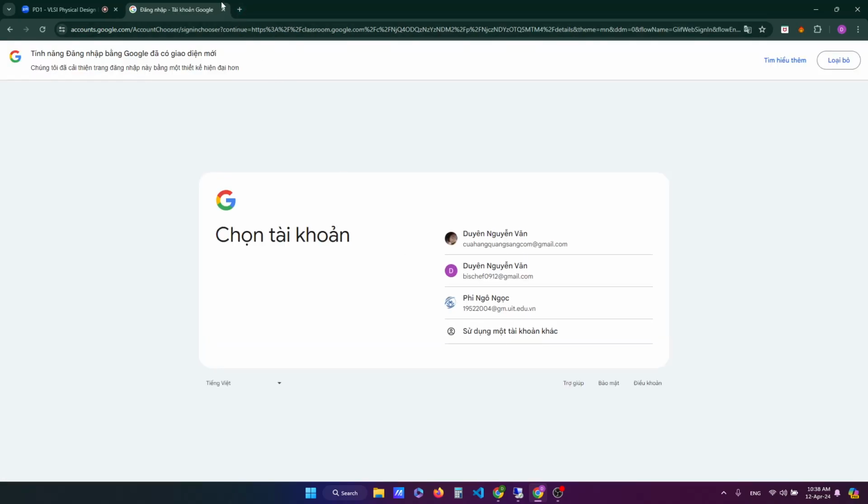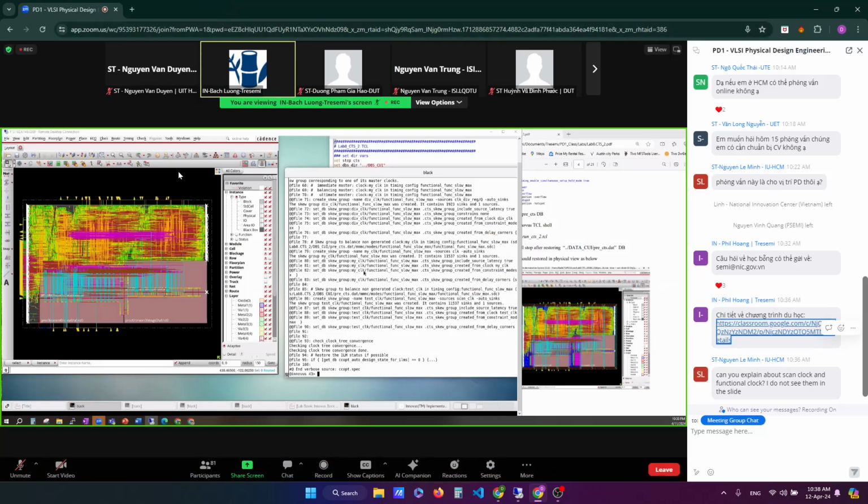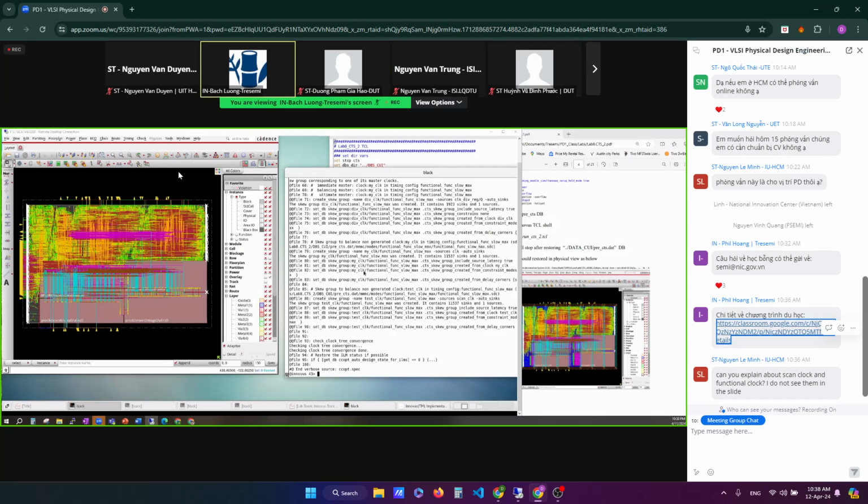That is the main mode where your chip is designed to function, and that clock drives all the functional logic, the way the chip is supposed to work. You may have more than one functional clock, multiple domains. The scan clock is for scanning.